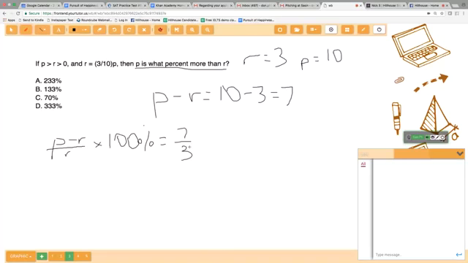And R is 3, so 7 over 3 times 100%. And that's going to equal 233%. And that looks like A here.